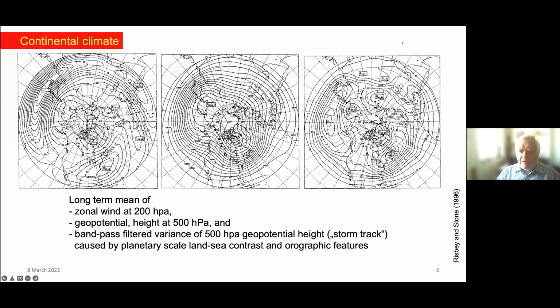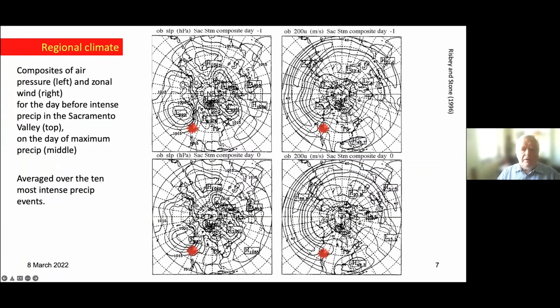And if we go then one step further, these are composites of air pressure on the left-hand side and zonal wind on the right-hand side. For the day before intense precipitation in Sacramento, the location given by the red star, and on the day of maximum precipitation. It's the average of the 10 most intensive precipitation events.